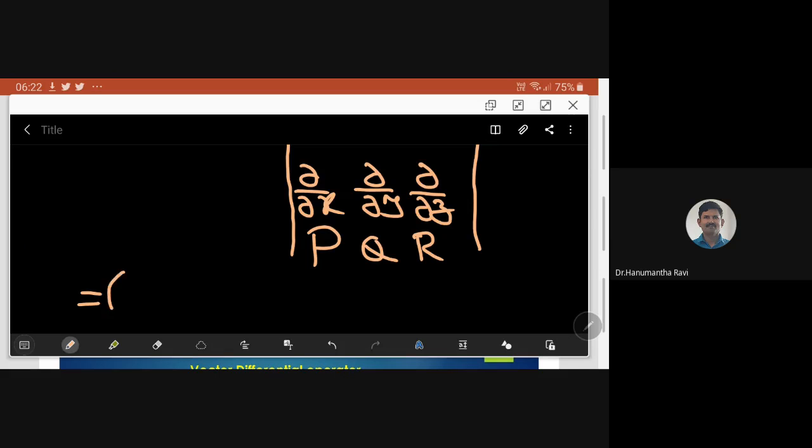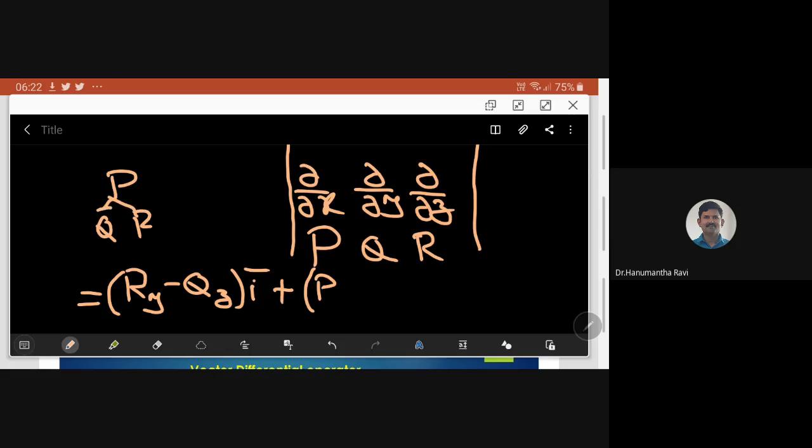You have R subscript y, that is dou R by dou y, minus Q subscript z, into i bar. Now I told you about the circular summation: after R, P will come; P, Q, R. Imagine a circular triangle with x, y, z, and also i bar, j bar, k bar.